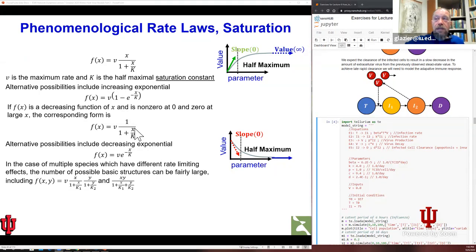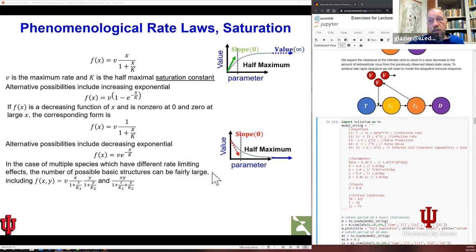And then in that case, I clearly get, if x is small, I get v here. If x is big, I get v over x times k, so I get v times k over x, which goes to 0, so it goes like 1 over x. If I wanted to have that, the flip of this increasing exponential is just a decreasing exponential.